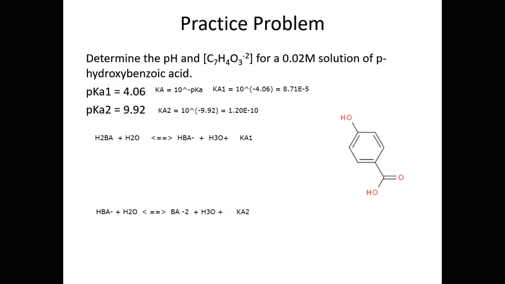Now we have our Kas. To determine the pH, that's going to come from the Ka1 step in the dissociation. So we're going to be using our ICE table.